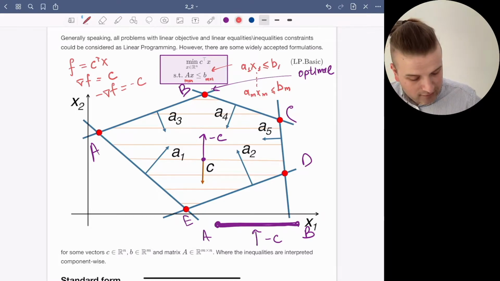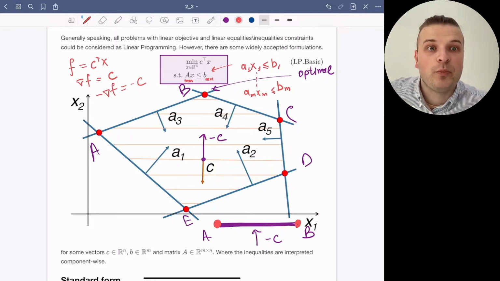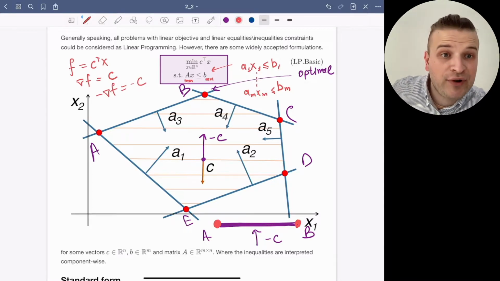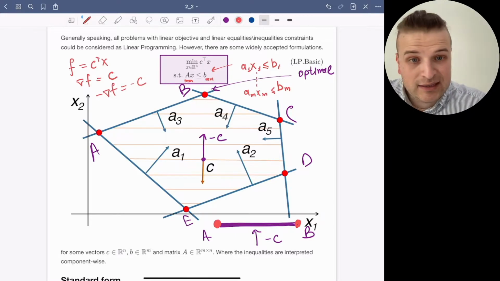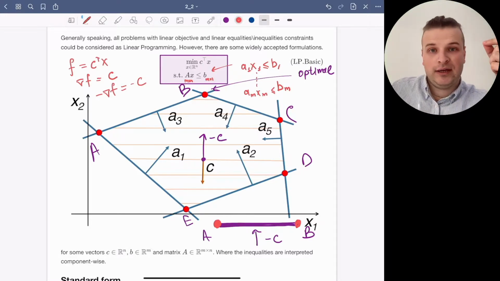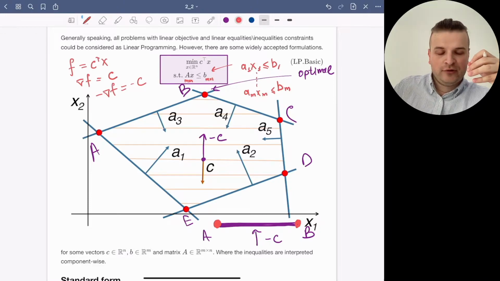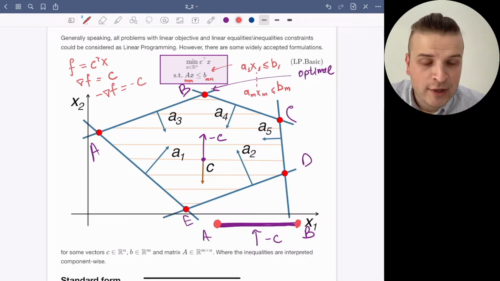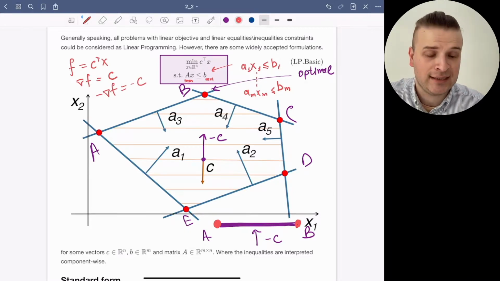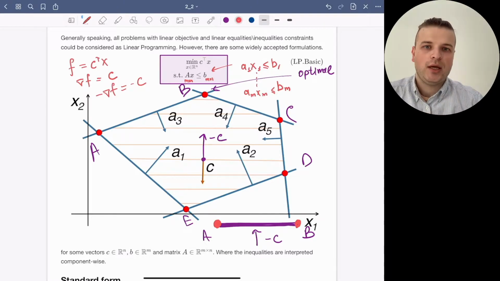But still, both vertices A and B are optimal, because the function value should be the same, despite the fact that A and B, in terms of parameter space, could be separated by a long distance here. So the norm of the difference between B and A could be huge, while the function value will be the same. So B and A here are optimal points as well.